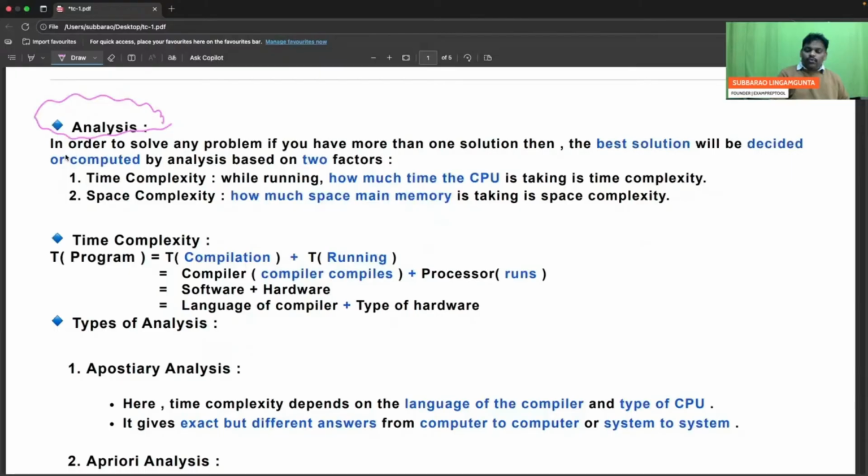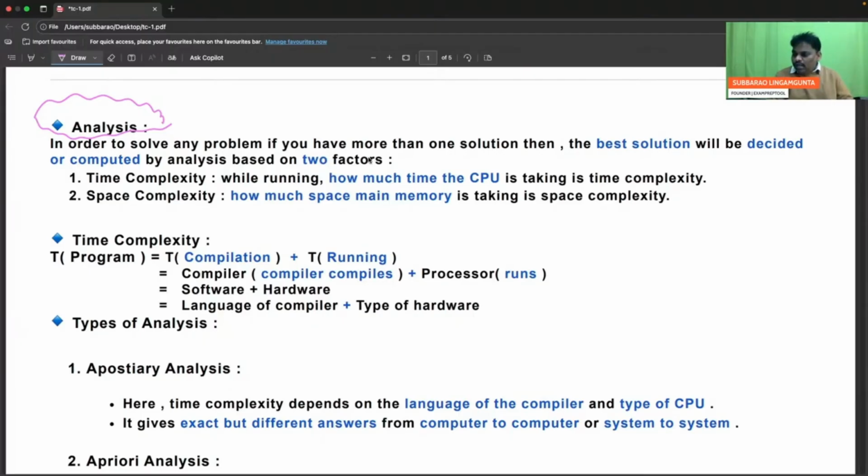In order to solve any problem, if you have more than one solution, then the best solution will be decided or computed by analysis based on 2 factors. Best solution means what? Time complexity finding, space complexity finding.